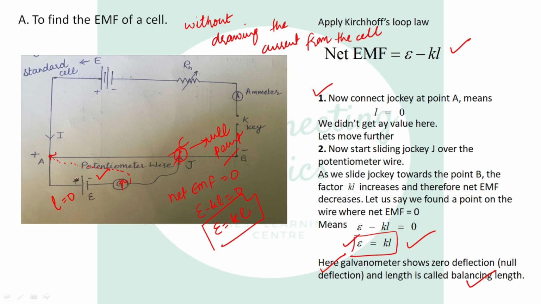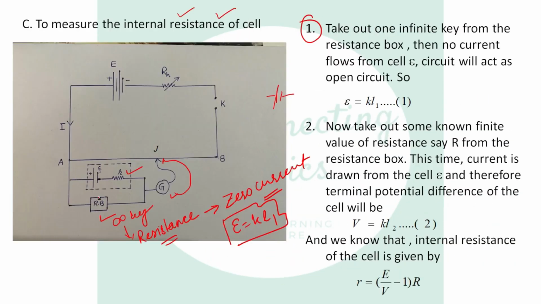This is the advantage of the potentiometer, that it always measures the exact value of the EMF of the cell, because no current is drawn from the cell at the time of measurement. So when we set up infinite resistance here, no current has been drawn from the cell, so E equal to K into L1.